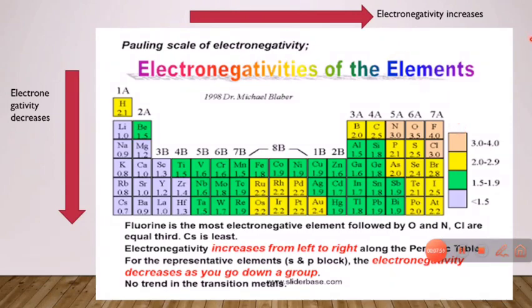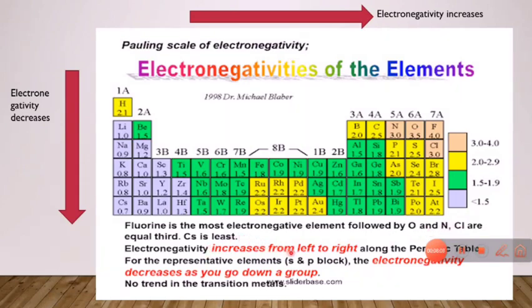But while moving from top to bottom, as new shells are being added, the electronegativity decreases. Fluorine is the most electronegative element, followed by oxygen, then nitrogen and chlorine are equal third, and cesium is the least.